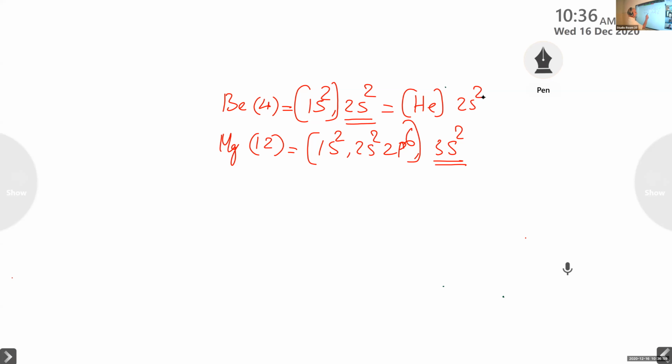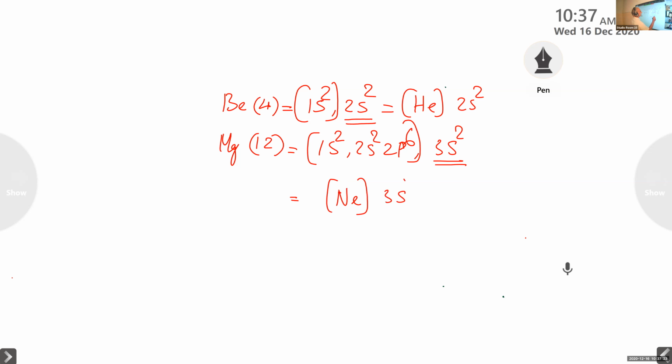You come to magnesium: 1s2, 2s2, 2p6. Total number of electrons, 6 plus 2 plus 2, is 10. Atomic number 10 is neon. So the inner core is of neon.